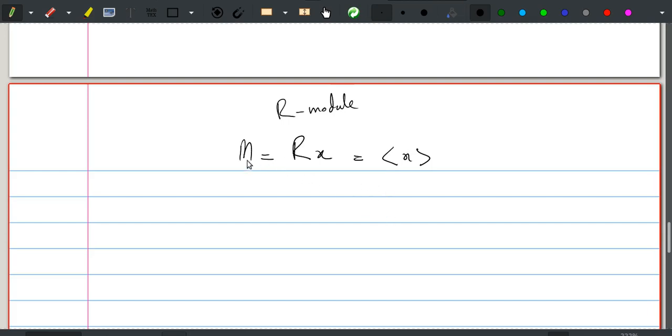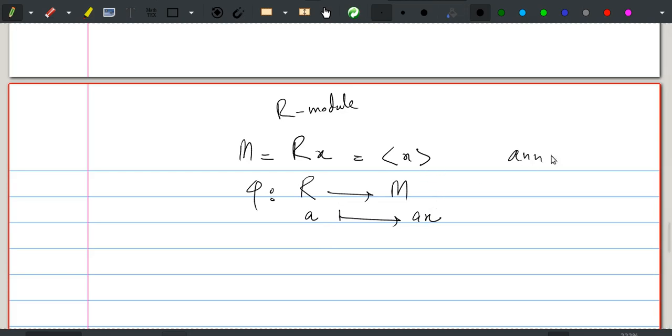So in that case we have a homomorphism phi from this R to M, where an element a is mapped to ax. Now one can see this is a surjective homomorphism.